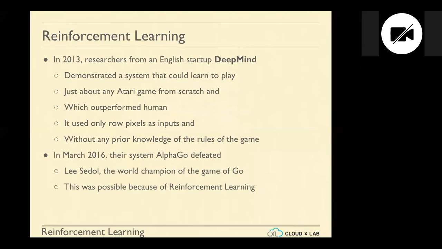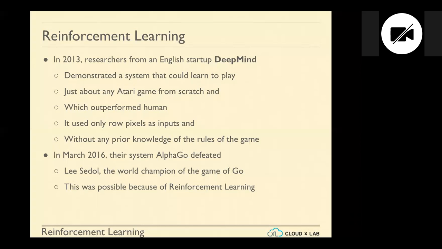In 2013, researchers from an English startup, DeepMind, demonstrated a system that could learn to play just about any Atari game from scratch and outperformed humans. It used only raw pixels as input without any prior knowledge of the rules of the game. This is the Mario game that we demonstrated to you.